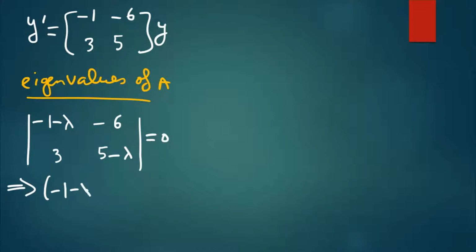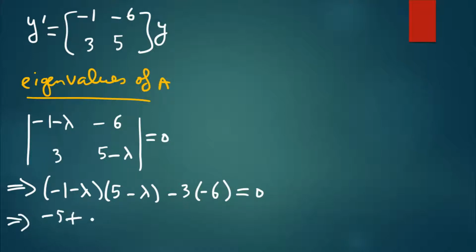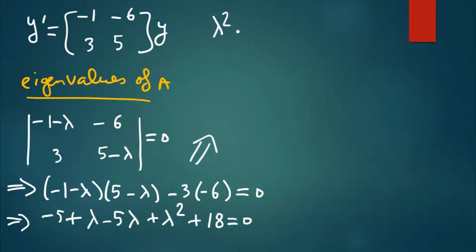The determinant is (-1 minus lambda) times (5 minus lambda) minus 3 times -6, equals 0. -1 minus lambda times 5 minus lambda is plus lambda squared minus 5 lambda plus lambda, and minus 3 times -6 is plus 18. Lambda squared minus 4 lambda plus 13 equals 0.